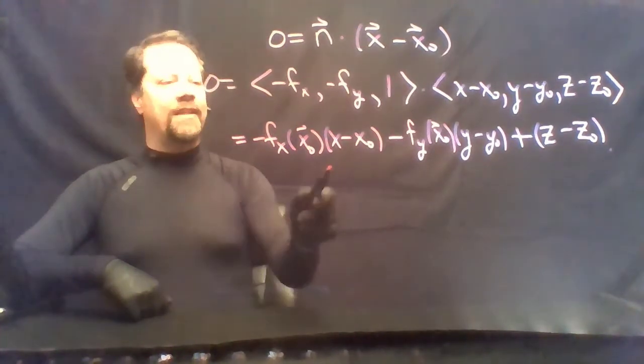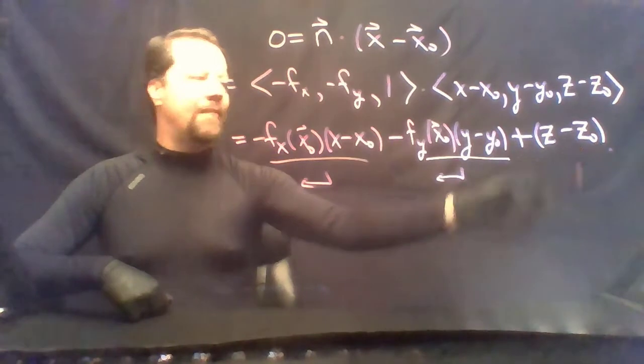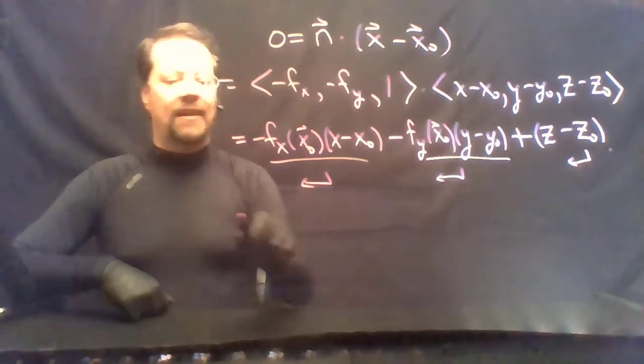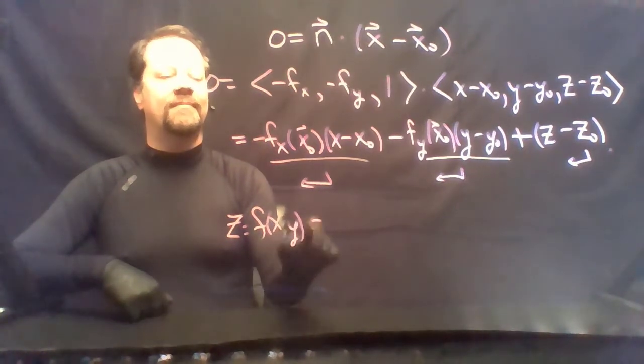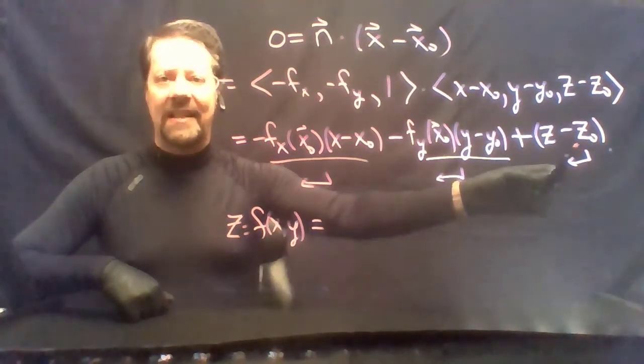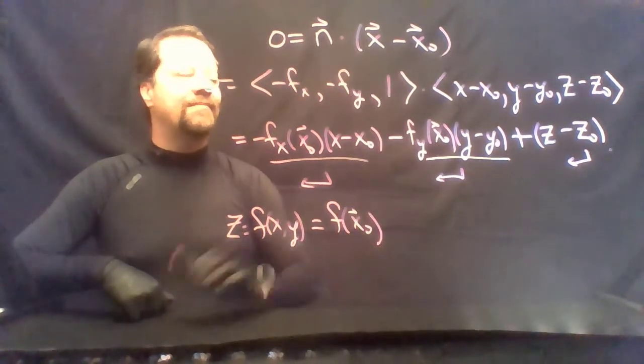Now I'm going to move a lot of these terms around. I'm going to move some terms to the other side of the equation. I'm even going to move this z naught. I'll have z, which is f of x comma y, equals z naught, which is f of x naught.